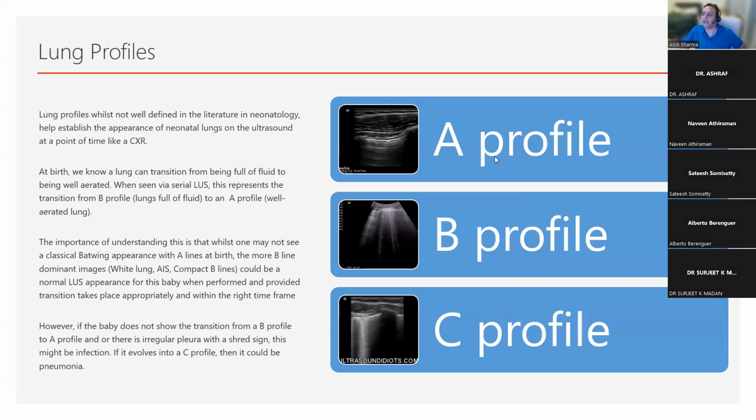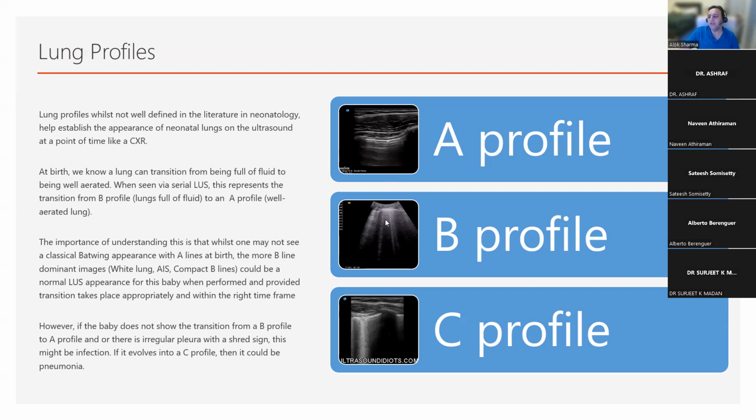So again, just to give you a pictorial example, in an A profile you will see normal batwing appearance, normal morphology of the pleura, sliding, and A lines that are equidistant and parallel. In a baby who's asymptomatic, if you see this in all regions, that's normal.